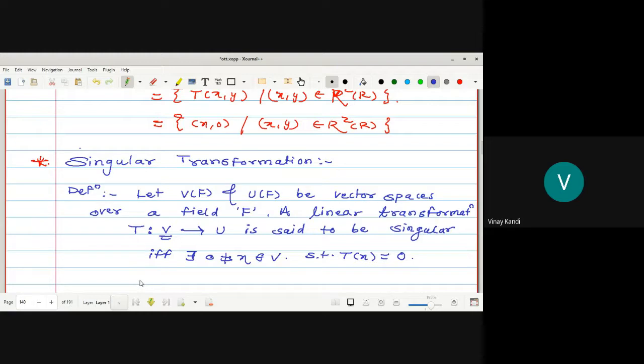What is the meaning of this? There exists an element x belongs to V which is not equal to 0, but its image is 0. Then that transformation is called a singular transformation.